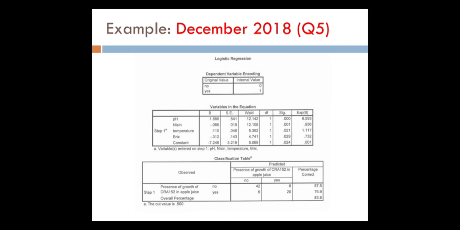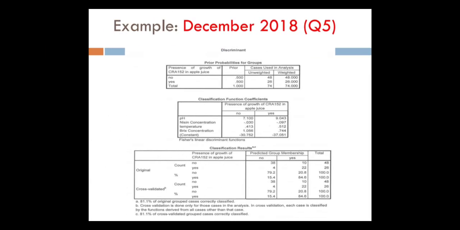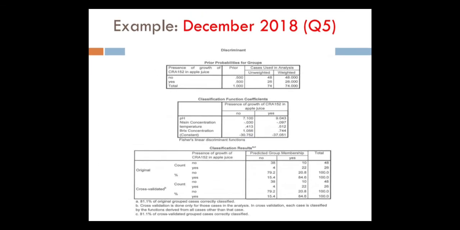How about discriminant? We look here. You can directly find the misclassification rate, 4 plus 10 divided by 48 plus 26, or just take this one. This 81.1% is the correctly classified. So the incorrectly classified, or misclassified, is 100 minus 81.1%, which gives 18.9%.